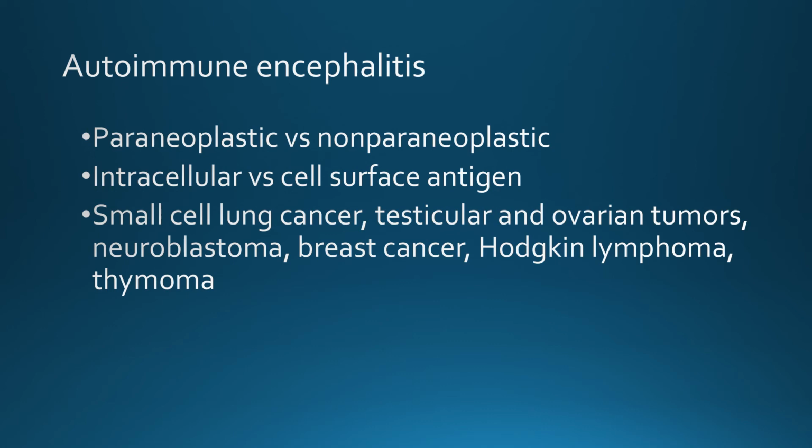There's a whole list of cancers that can cause these. I just have the most common: small cell lung cancer, testicular and ovarian tumors, neuroblastoma, breast, Hodgkin lymphoma, and thymoma are the most common, but it can be associated with many other cancers.